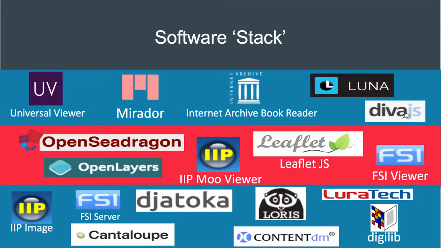And then finally, there are IIIF first collection viewers. So these typically have IIIF at their core and might be built specifically and bespoke for IIIF purposes. So they take fuller advantage of IIIF, and particularly the ability to work on collections and in workspaces.